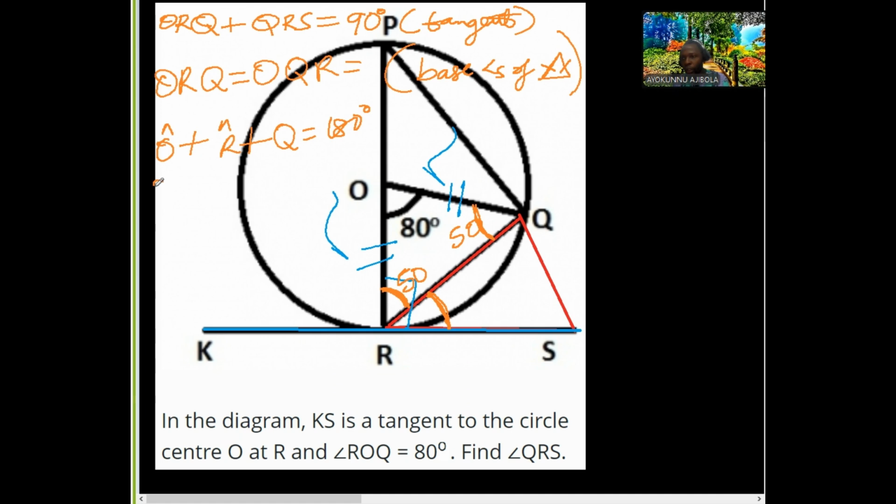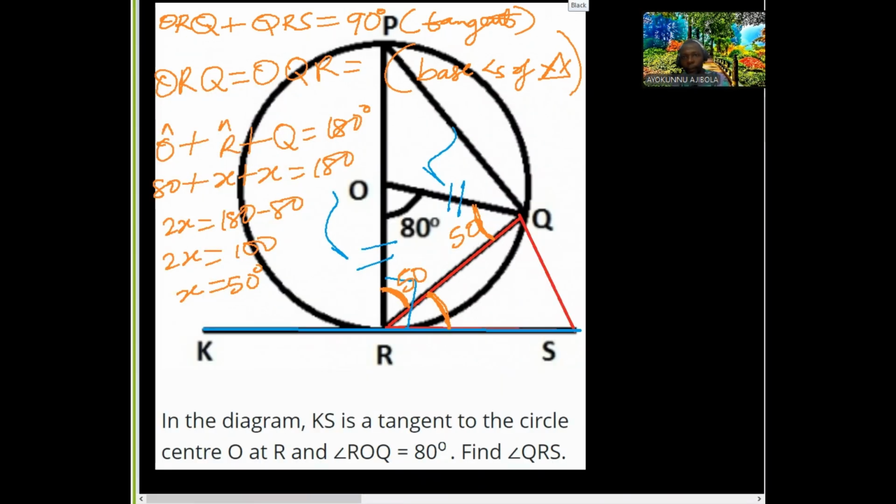Then O is 80. R and Q are equal. Call them x and x, okay? Then you have 2x equals 180 minus 80, which is 2x equals 100. x equals 50. So that means the angle at the top here is 50, okay?